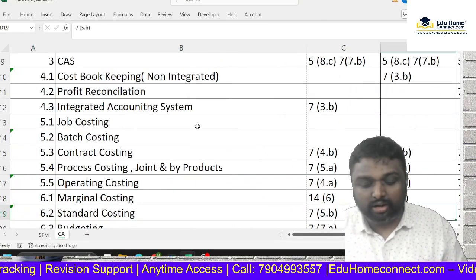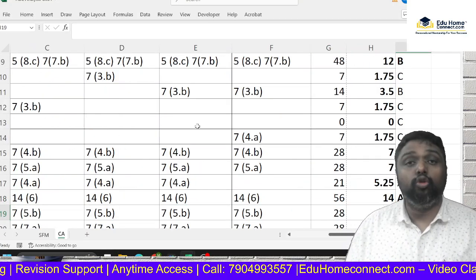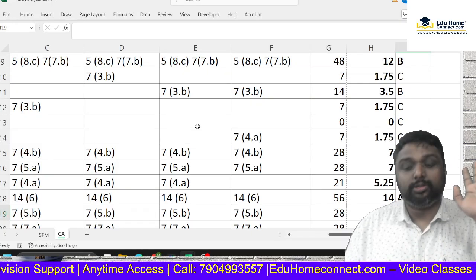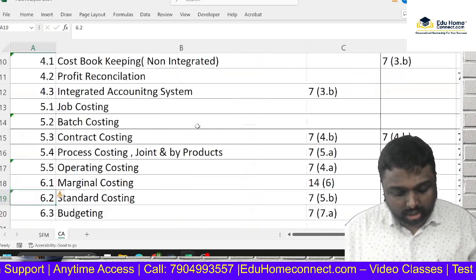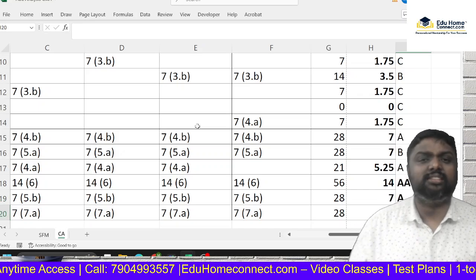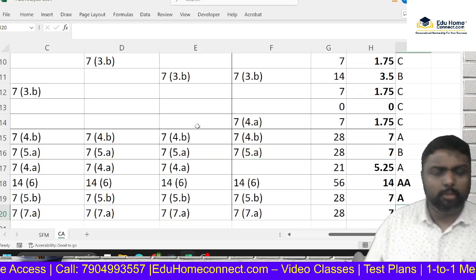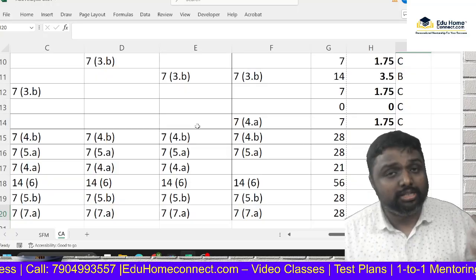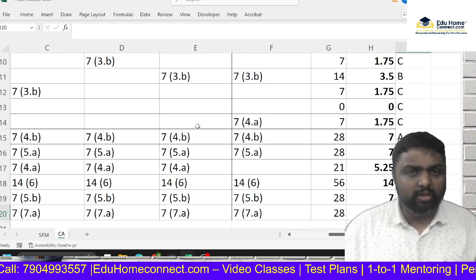Coming next is standard costing. Compared to your group 2, you have only 2 areas, material and labor, so comparatively fewer areas. So this also I put as A category. Budgeting also, the effort is less, though you have a lot of budgets: flexible budget, fixed budget, operating budget, cash budget, production budget.